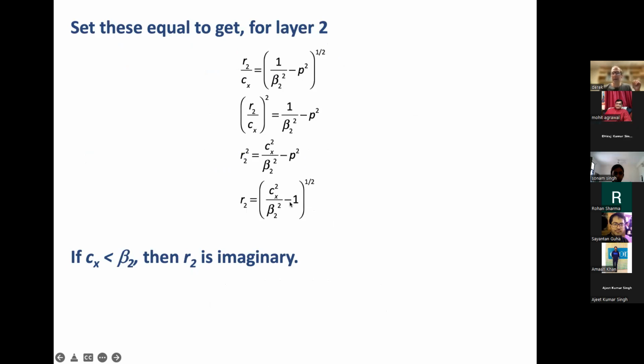Now, if the angle of incidence is greater than the critical angle, beta 2 is greater than c sub x. That means the value inside the square root is going to be negative and R2 will be imaginary.